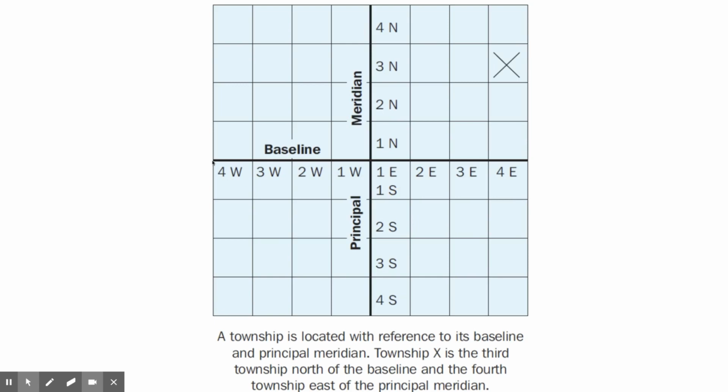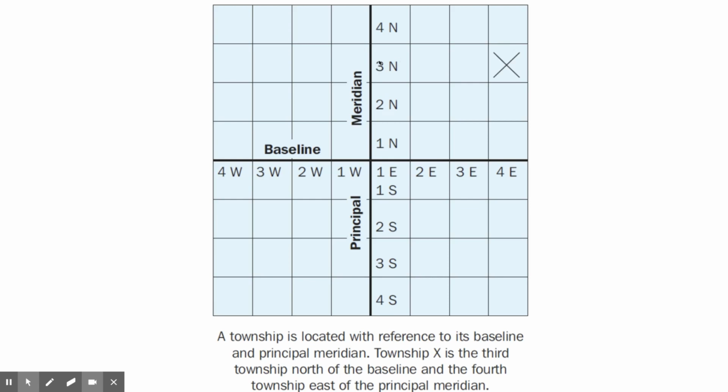Okay, so here it is drawn out for you. This is a random baseline, random principal meridian. If we want to talk about this, all these blocks are townships. So if we want to talk about this township up here with an S, we would describe it as being in the fourth range to the east, range 4 east, and it's in tier 3 north. These are tiers here.